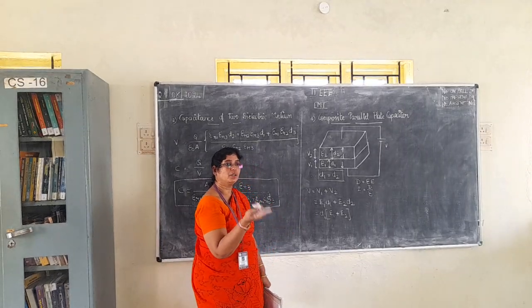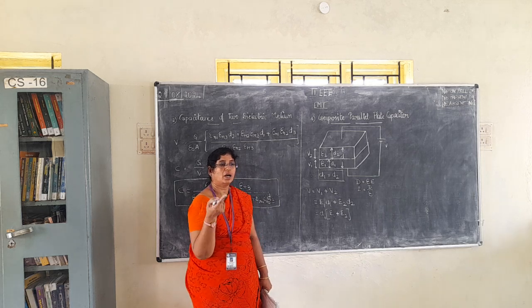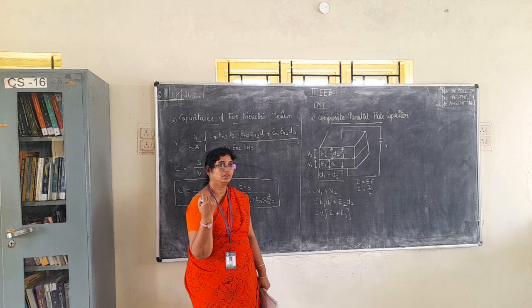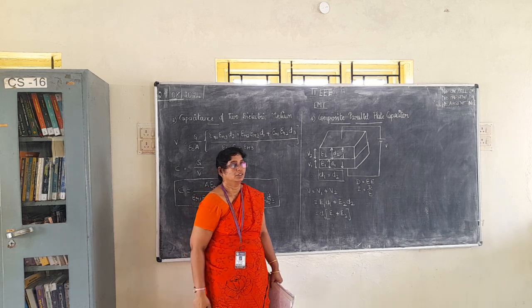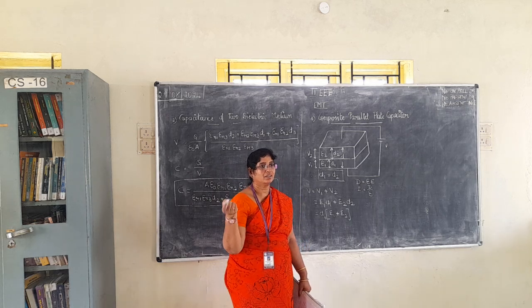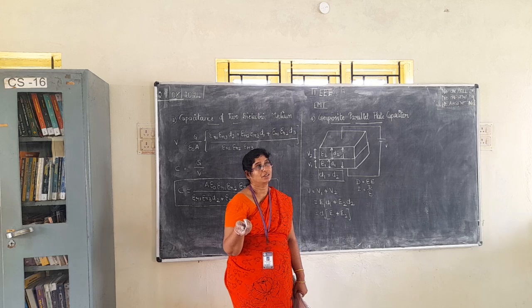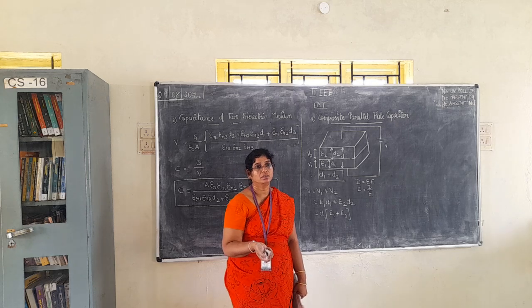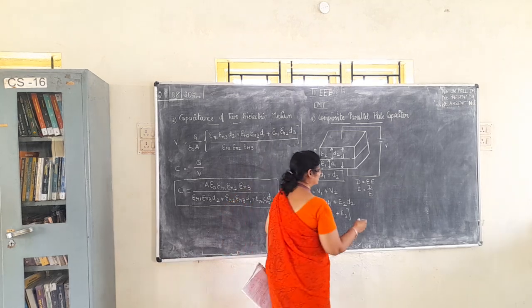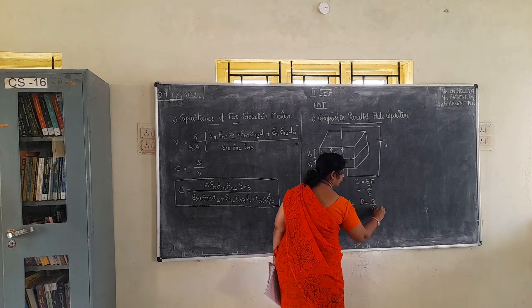D in terms of area. For a capacitor, what should be there? Area should be there. Then D will be equal to that relation we had, D is also equal to Q by A.